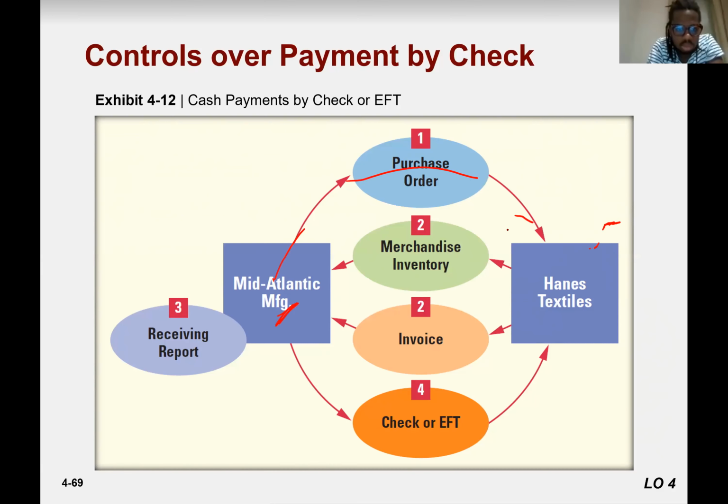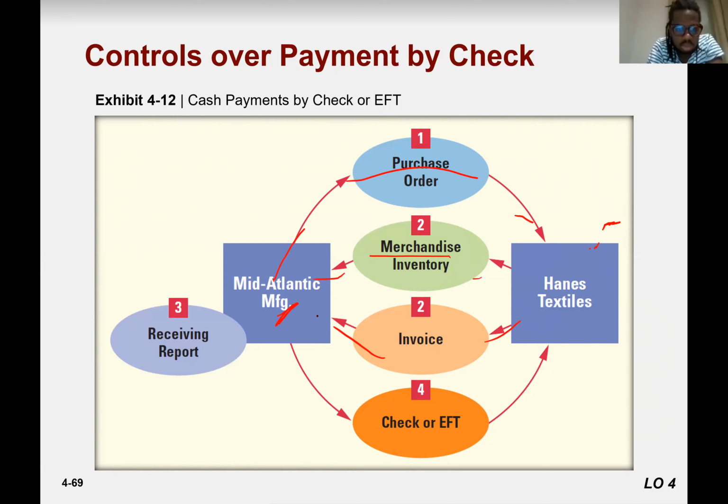No. You send the merchandise inventory details. Okay, you ordered this much, please confirm the order. Okay, and we have this much of like this amount of things and all this stuff. Okay. And then you issue an invoice. We are giving you a discount or not, it's like that. So there is a whole invoice. I'm sure you are familiar with the invoice, right?